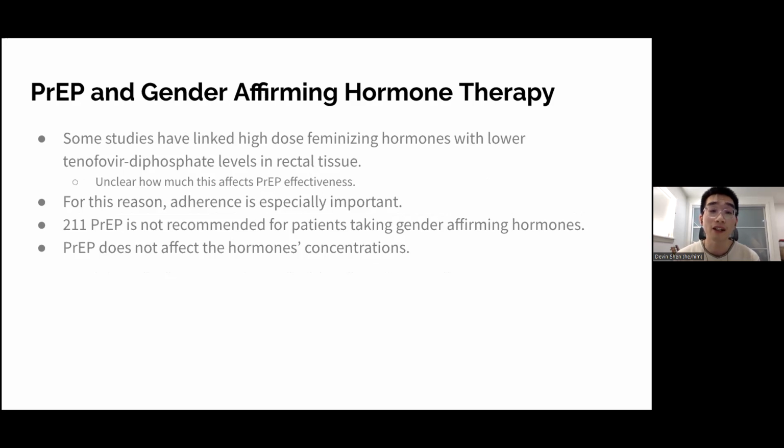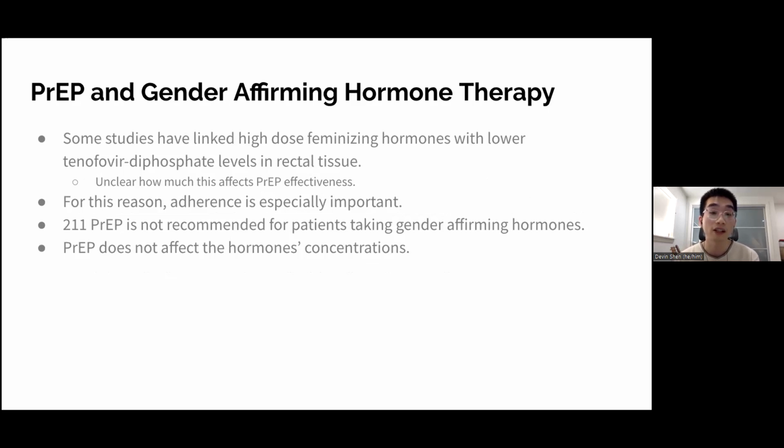We have been talking throughout this presentation about people who use PrEP and gender-affirming hormones at the same time, and I just wanted to summarize the teaching on the slide here. High-dose feminizing hormones are linked to decreased levels of tenofovir in rectal tissue, but it's unclear how much this affects PrEP effectiveness.